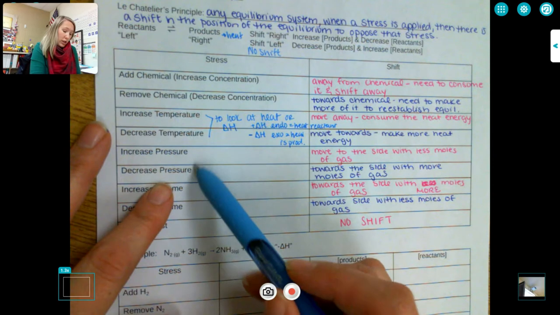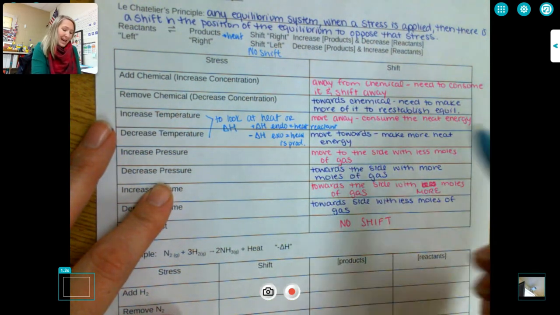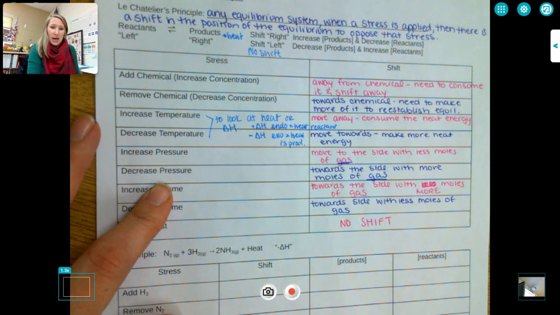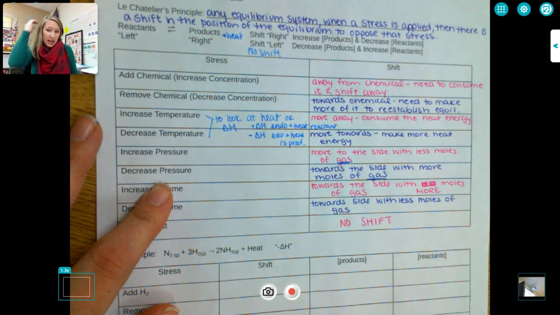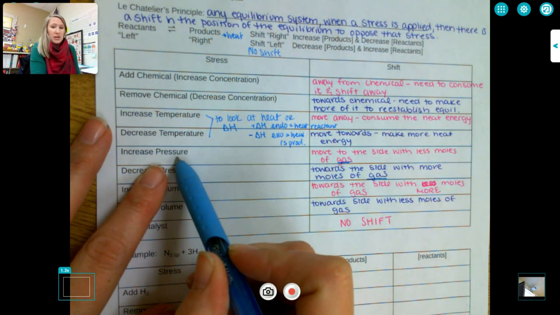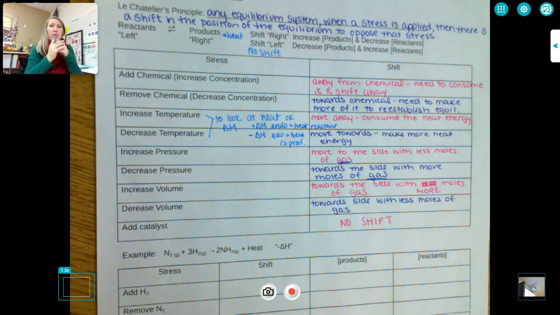Now, pressure, I need to look at gas, right? Because pressure has to do with the amount of gas that we have. If I increase or decrease the moles of gas that I have, then I'm going to increase or decrease my pressure. So if I increase the pressure, they're moving faster. Usually I decrease the volume to make that happen.